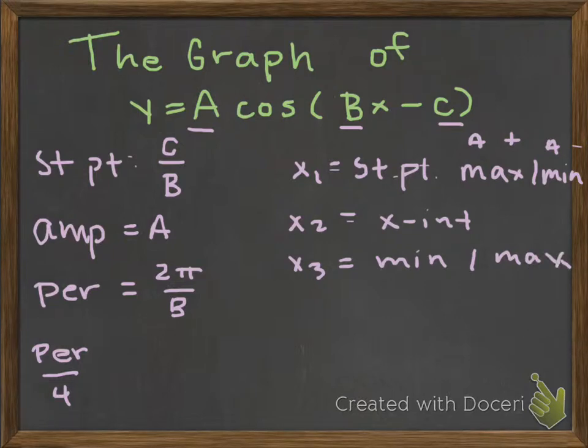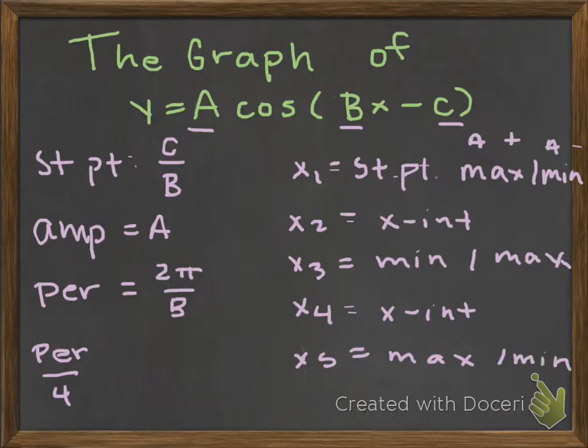So if you started at a max, that means you're at a min. If you started at a min, that means you're at a max. x4 is back to the x-intercept. And x5 is back to the max or min.